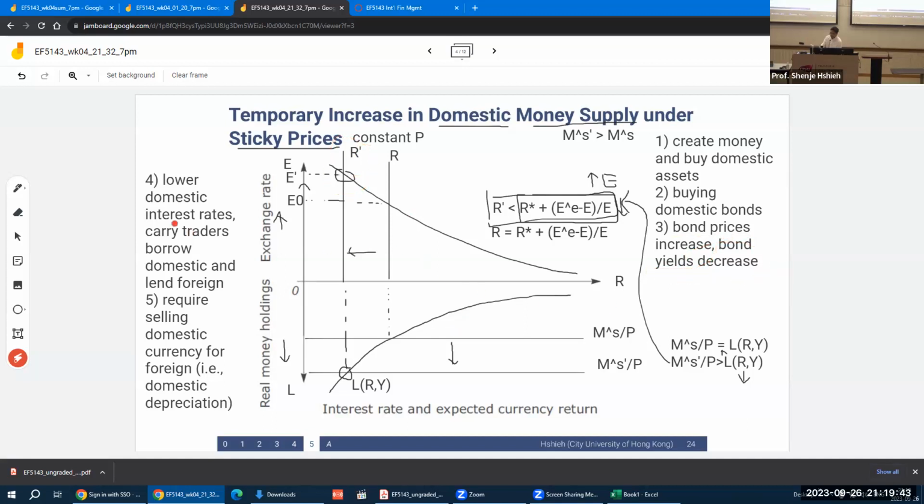With lower interest rates, carry traders are going to borrow domestic and lend out foreign because that's going to give you positive expected foreign currency returns. This is going to require selling domestic for foreign currency, and therefore you're going to get domestic depreciation until UIP is restored. Done.